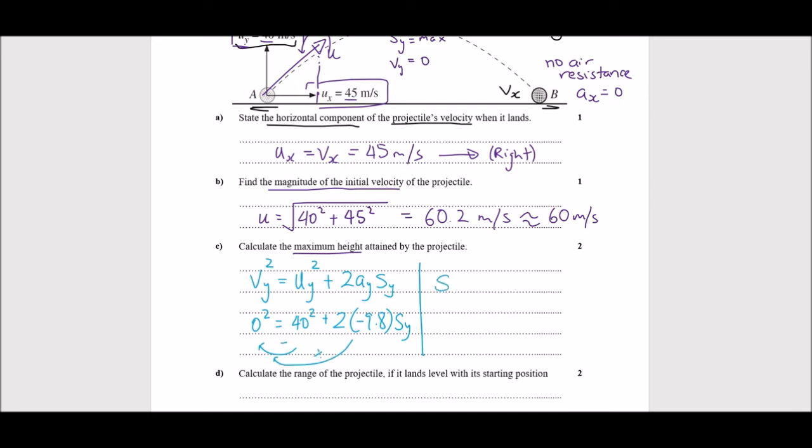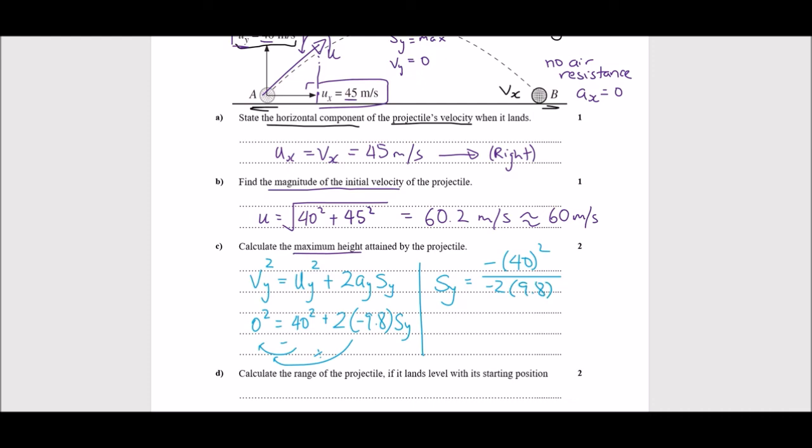So I get sy is equal to minus 40 squared, divided by negative 2 times 9.8, which is basically just taking the negative out of what we had just then. I'm going to do the brackets there, but the end value should be positive either way.